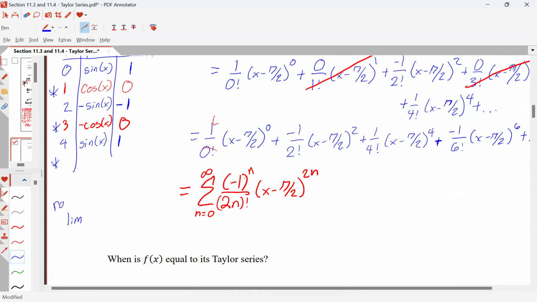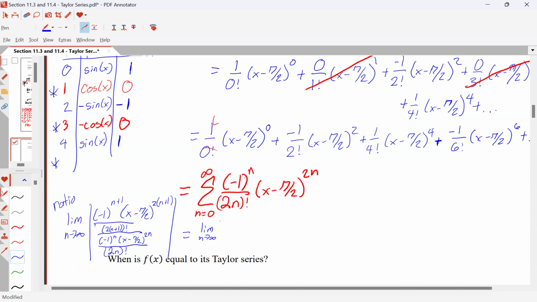So the limit as n goes to infinity of -1 to the n plus 1 times x minus pi over 2 to the 2n plus 2 over 2n plus 2 factorial, all divided by -1 to the n times x minus pi over 2 to the 2n over 2n factorial. Keep, change, flip.